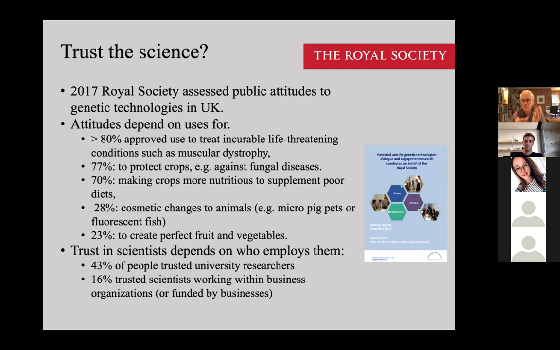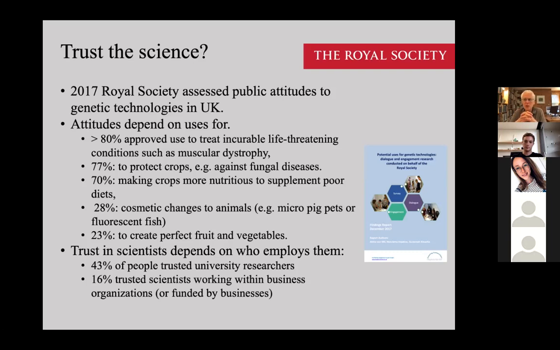So it depends what they're used for. And the Royal Society argues that we need to have a discussion not about the technology or not, but about the context within which it's used. In other words, something where the public is encouraged to weigh up the risks, the opportunities, the benefits, and so on.